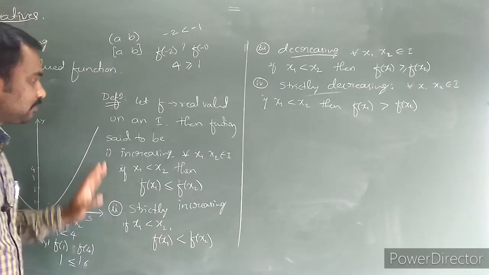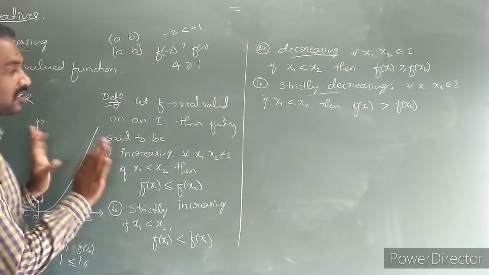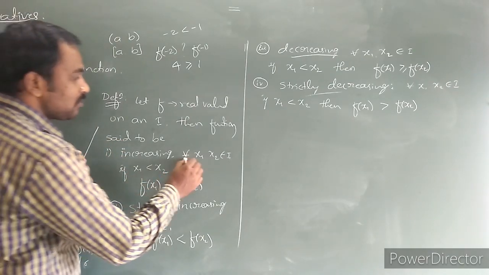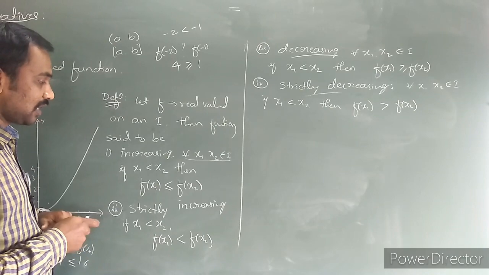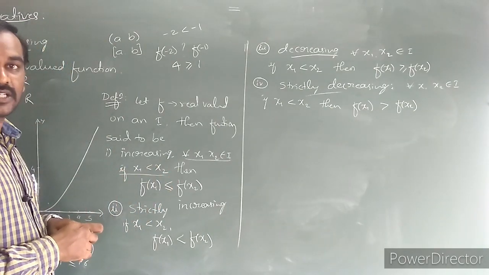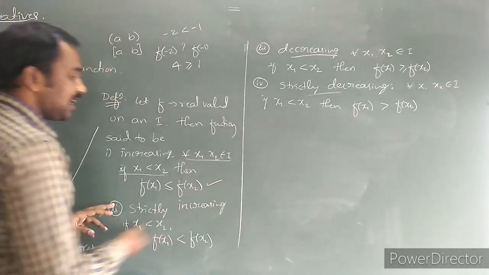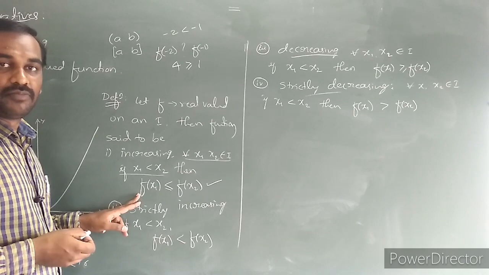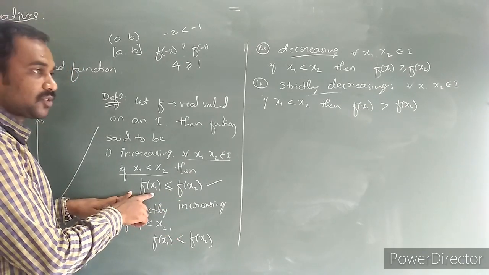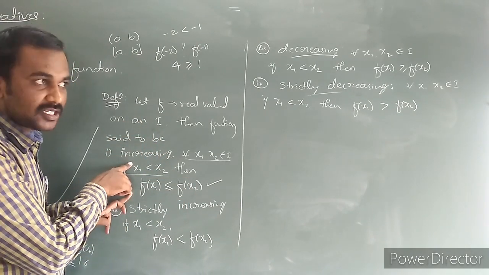Out of these four conditions, the definition is very simple and you can easily observe it. First of all, observe the common things. For all x1, x2 belonging to the given interval I in all the four cases, and the next common thing is x1 is less than x2 in all four. The only thing we have to decide is based on the f of x1 and f of x2 values. If f of x1 is less than or equal to f of x2, it is only an increasing function.